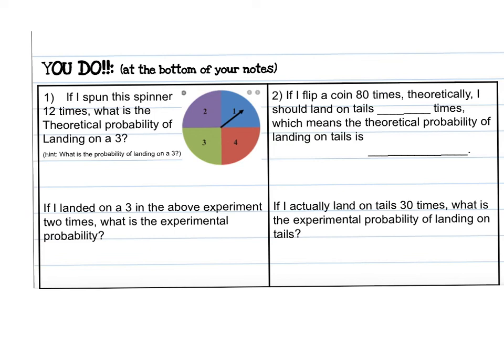So I want you to check your answers tomorrow so that it's a good self-check and good for you to know if you're getting these correct or not correct. And if you don't get them correct, make sure you cross them out and make your corrections so you know, and so that you can move forward doing well on your practicing and doing well on your theoretical and experimental probability.